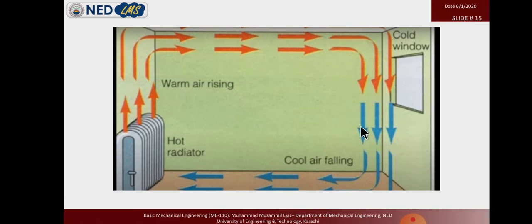The air becomes hotter by contacting that object, and again it lifts to the top. So a natural convection flow starts, and the whole compartment of the fridge or room becomes uniform.